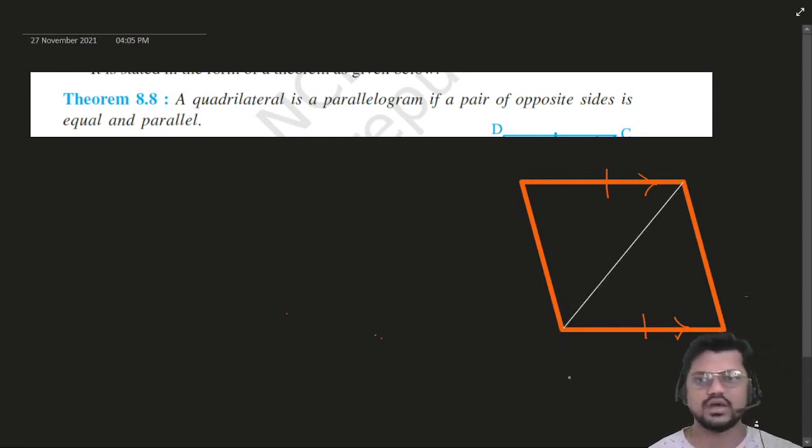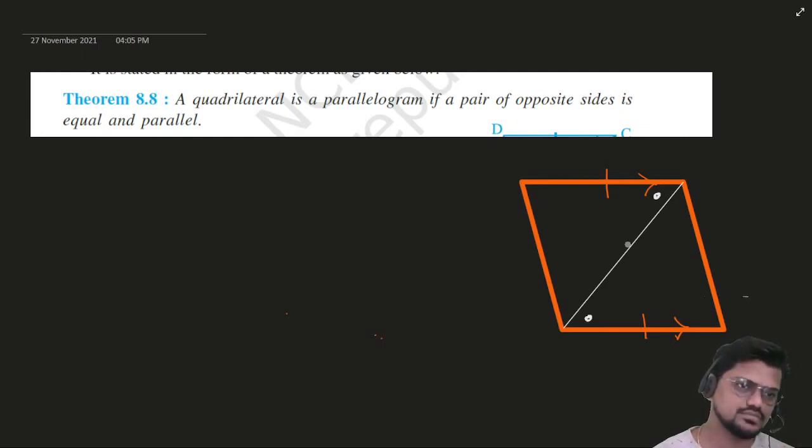Now in this, what can I say? This angle is equal to this angle by which? By alternate angles. Yes or no? This side is equal to this side, already given. And the diagonal is common to both. So what can we say? The two triangles are congruent by what?